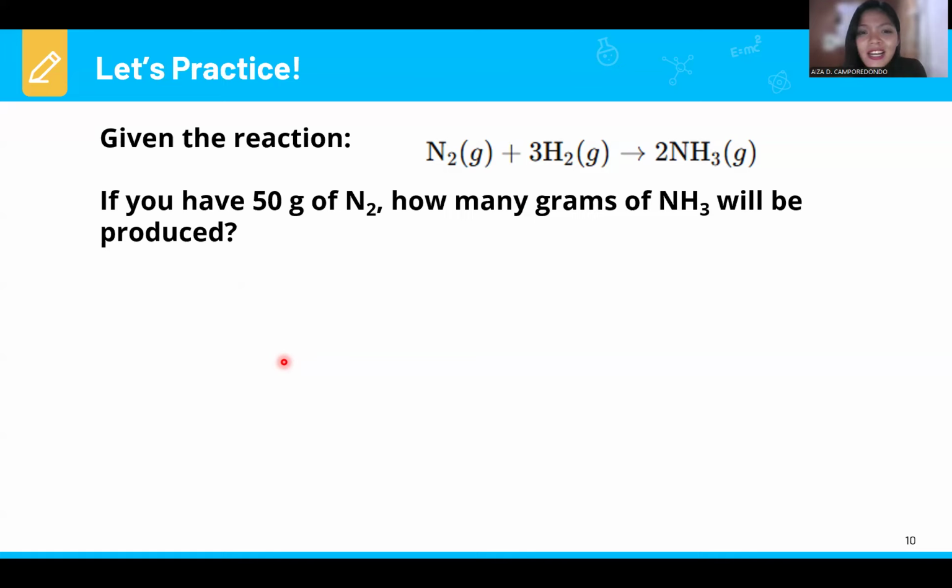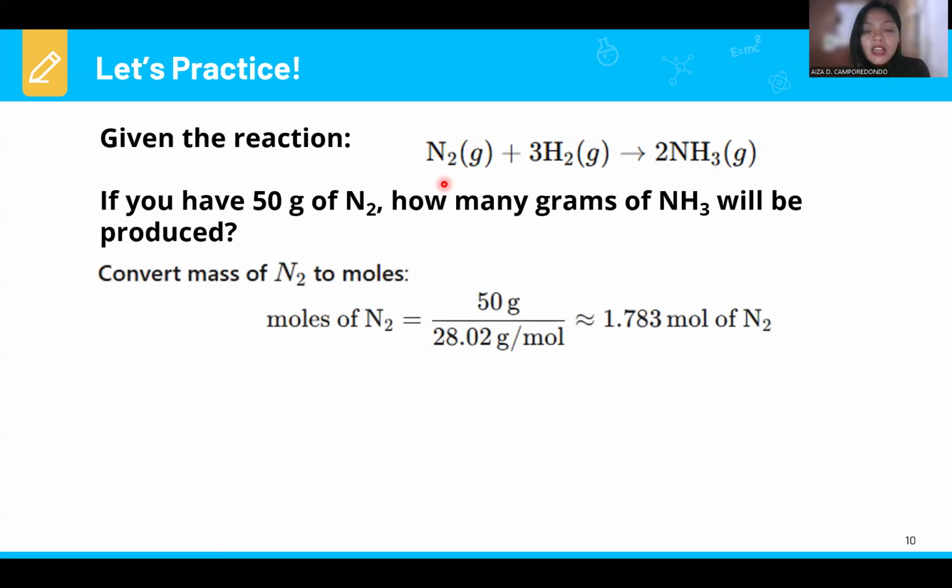Based on the balanced equation, because actually this is a balanced equation, the moles of nitrogen right here is actually 1, while the ammonia has 2 moles, and that would give us a realization that the ratio of the two substances is 1:2. Okay, please take note of that.